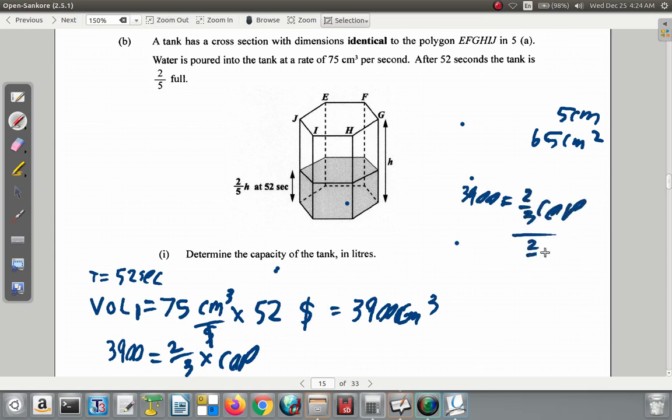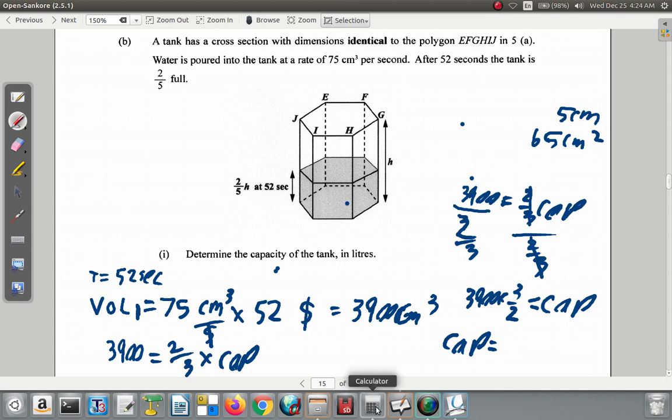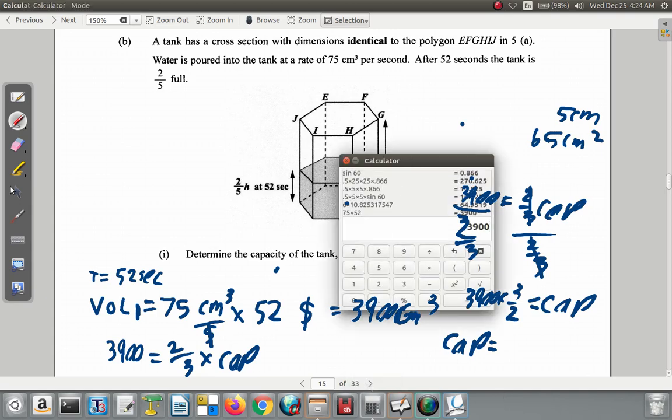If you divide by 2/3, we cancel 2/3 and leave capacity alone. So capacity is 3900 divided by 2/3. It would be the same as 3900 times 3/2. Remember your fractions calculation.